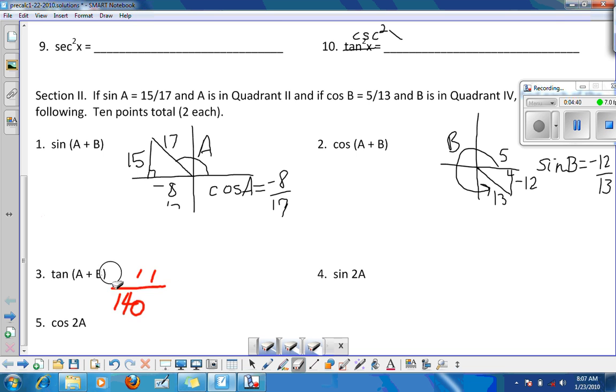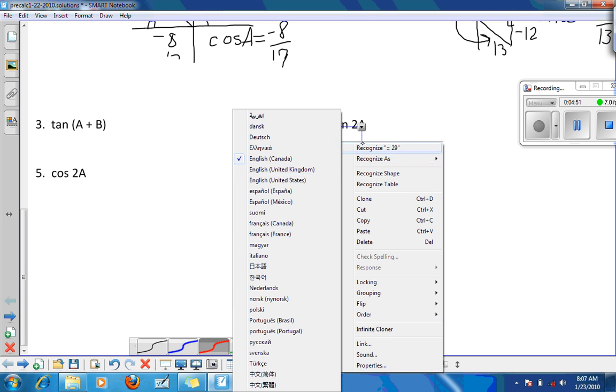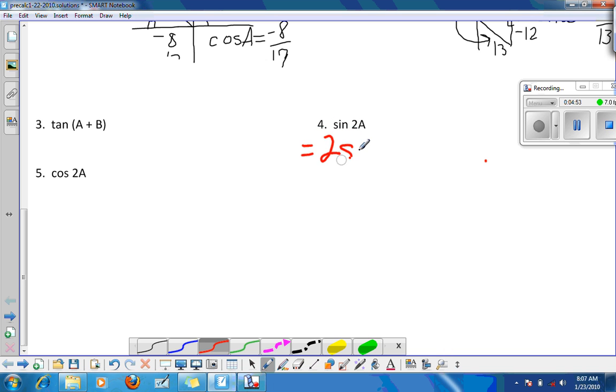Alright, so sine of 2A is 2 times the sine of A times the cosine of A. Sine A, cosine of A. So the sine of A we had as, what was it, 15 over 17.